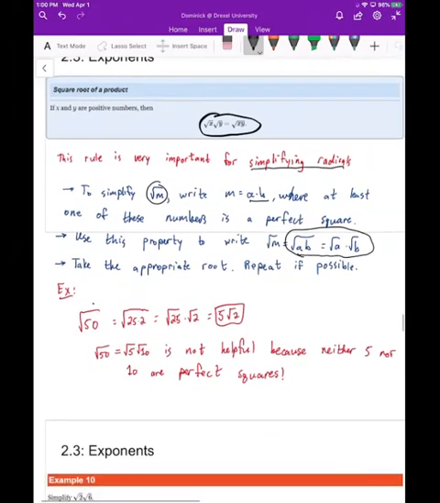Now, let's look at the square root of 50, for example. If you have the square root of 50, we can write that as 25 times 2. And of course, this is good because 25 is a perfect square. So once you take the square root of 25, you do get 5. And the square root of 2 is just along for the ride.